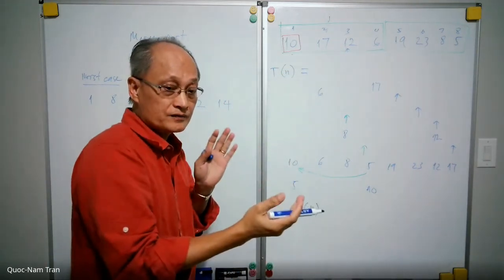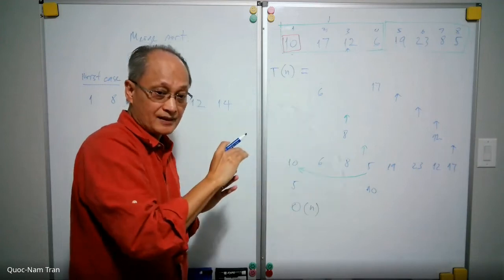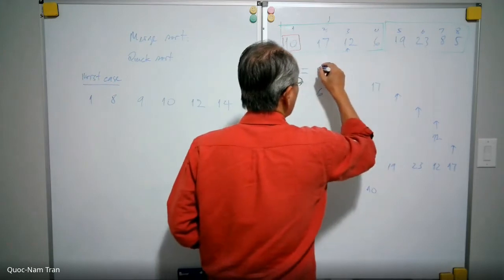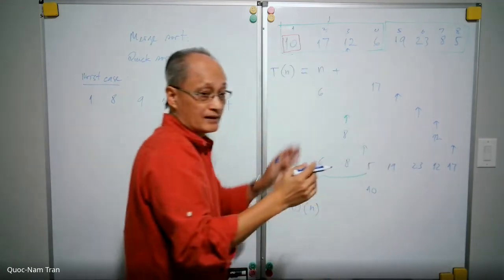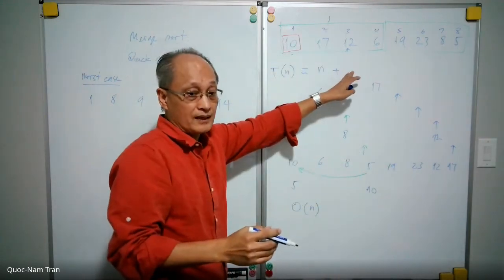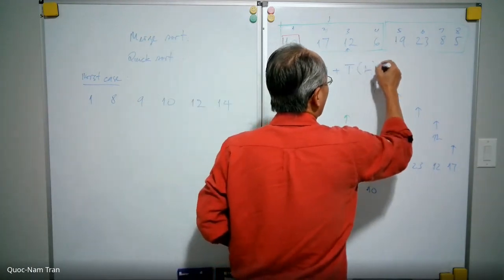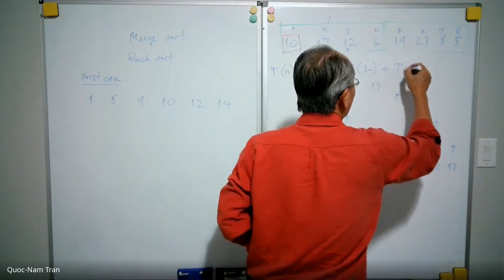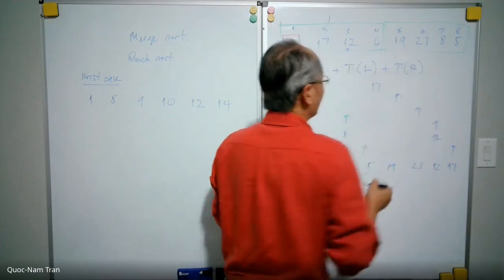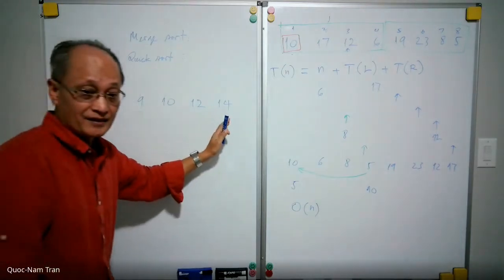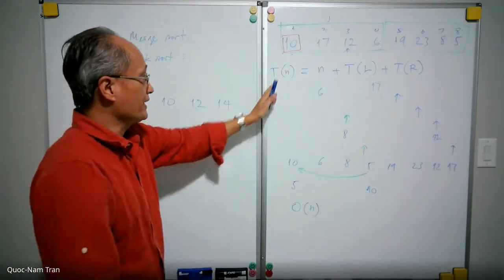Partition first, and then quicksort the left, quicksort the right. Now for this situation, what do we have for Tn?